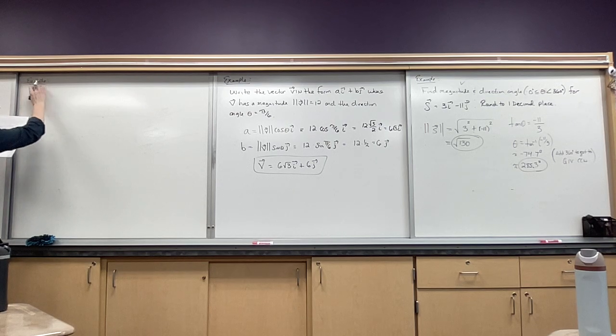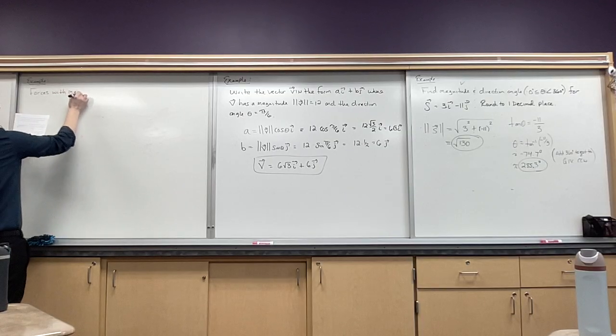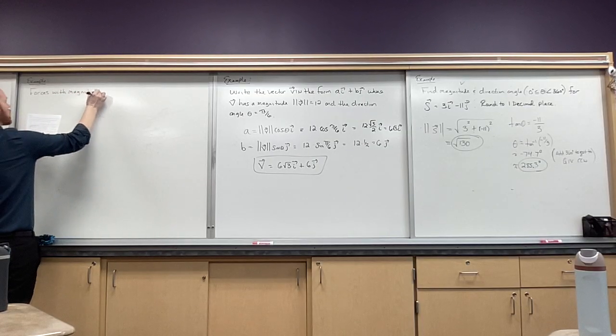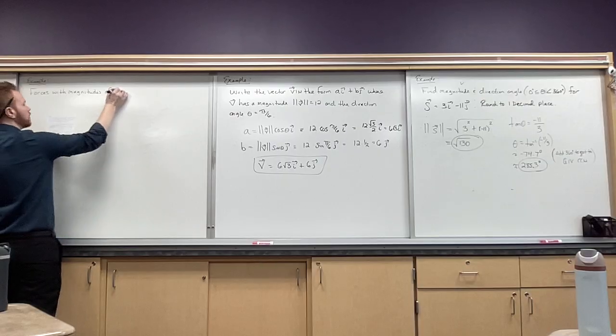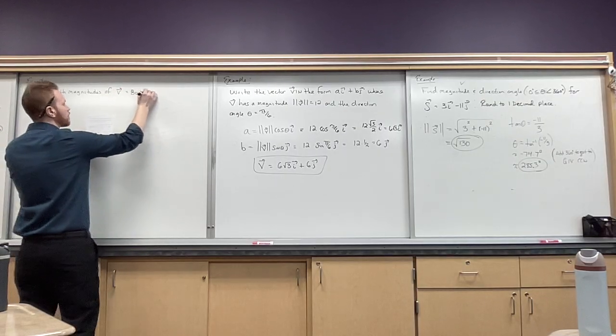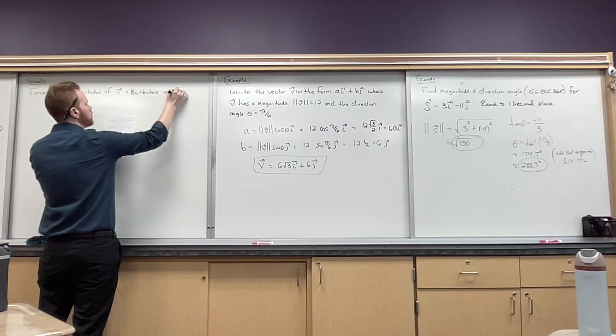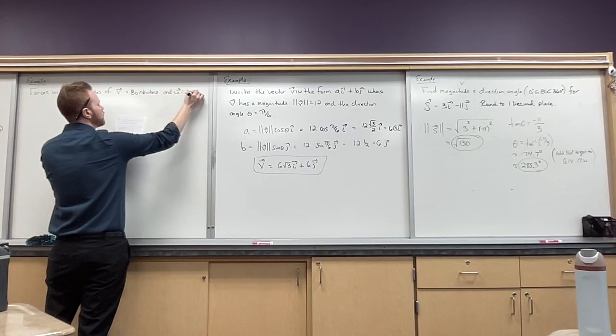So we have some forces with the magnitudes of, so for V, it was 80 newtons. And for vector U, 205 newtons.